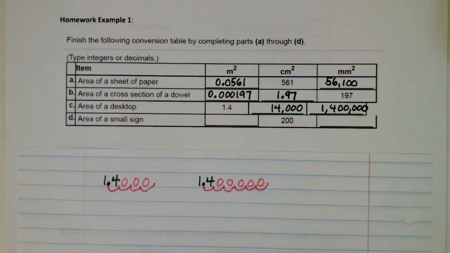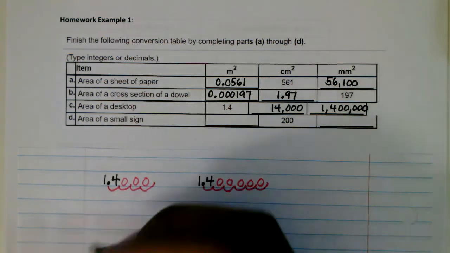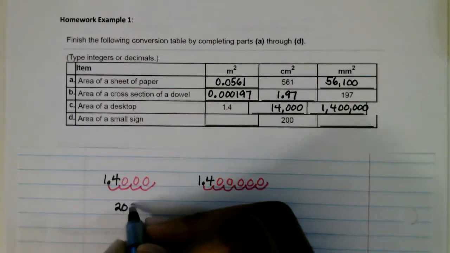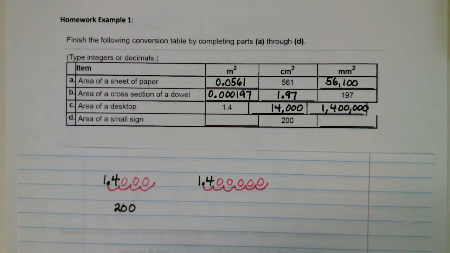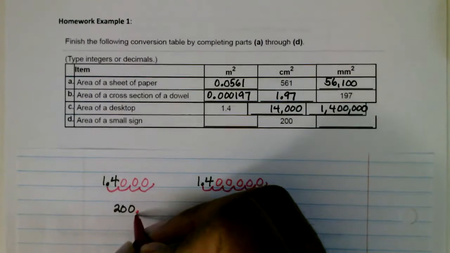And part D is the area of a small sign. That's 200 square centimeters. And I want to convert that to square meters. Well, from centimeters to meters, that would be 2 places to the left. For square units, 2 times 2, which is 4. So I'll take the 200 and move that decimal point 4 places to the left.